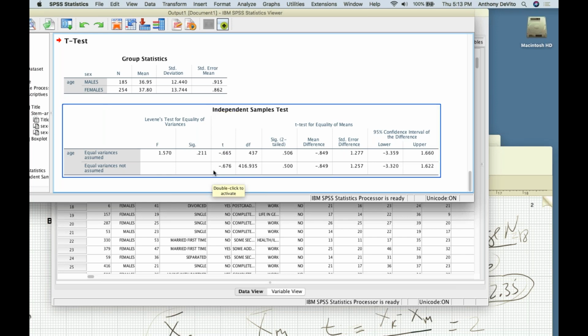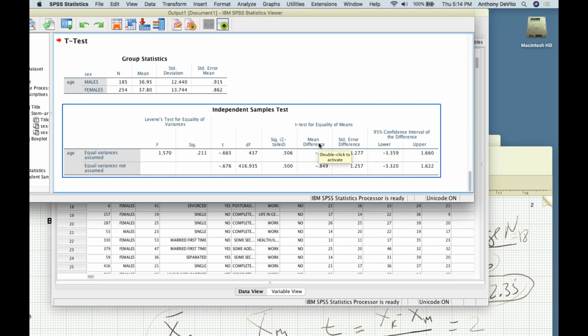There's a big tall line that separates two sections of this table. Here's the t-value. Here's the degrees of freedom. Here's the significance. The significance is the p-value: the probability that you would get that extreme a difference between x bar 1 and x bar 2 if the null hypothesis were true.